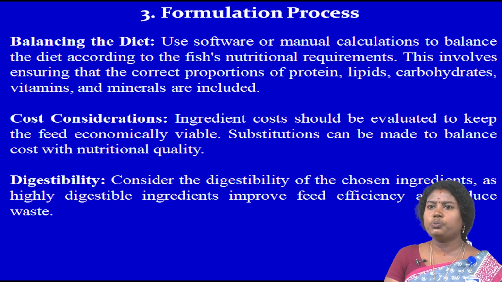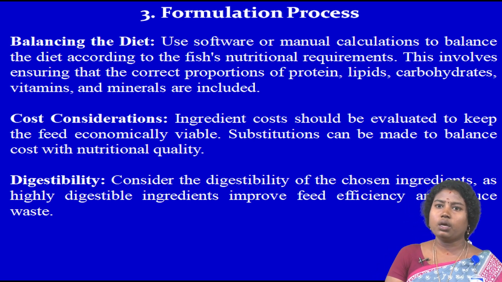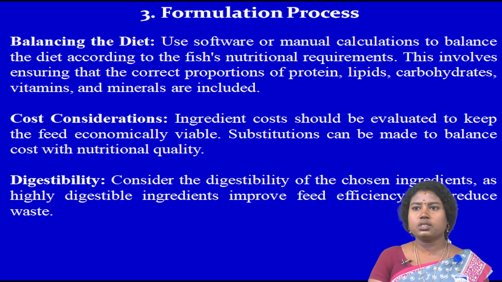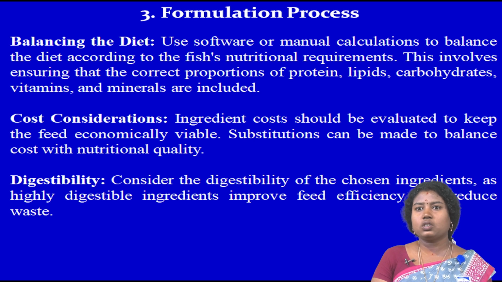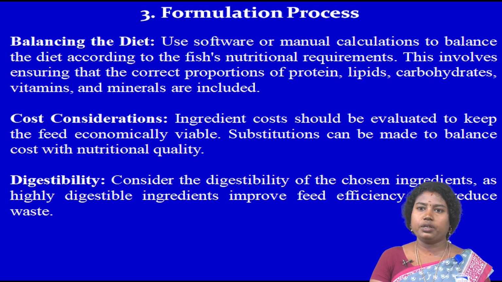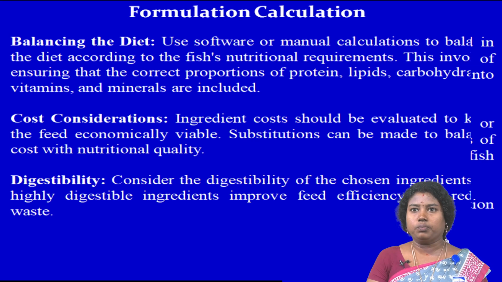Ingredient costs should be evaluated to keep the feed economically viable. Substitutions can be made to balance cost and nutritional quality. Digestibility. Consider the digestibility of the chosen ingredients, as highly digestible ingredients improve feed efficiency and reduce waste.